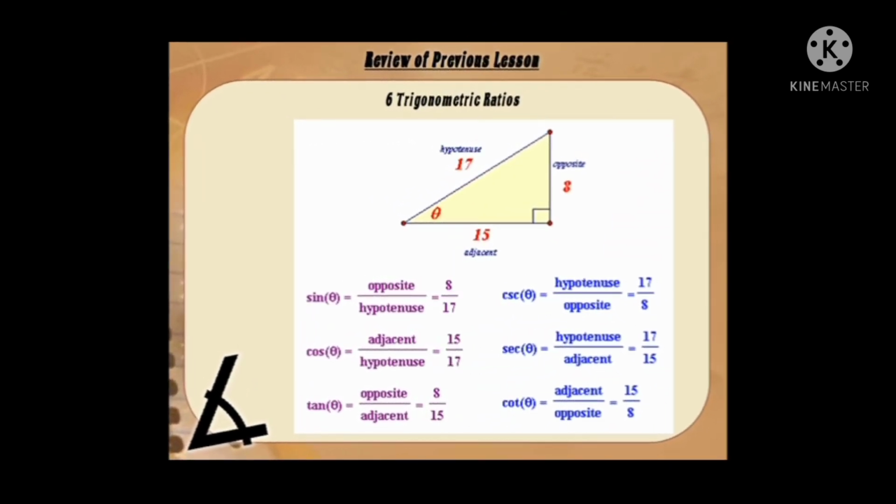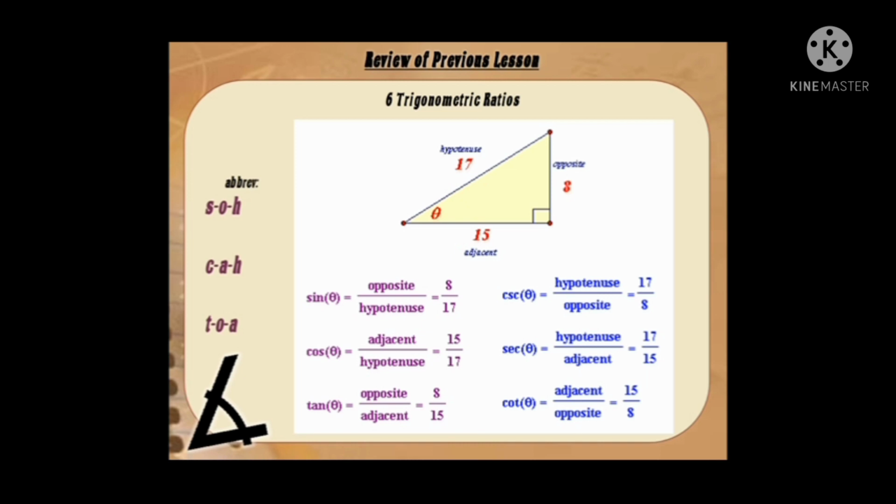The 6 trigonometric ratios, whose first 3 ratios are abbreviated as SOH-CAH-TOA, and the remaining 3 are the multiplicative inverse of the first 3 ratios. For the given right triangle with angle theta, its opposite side is 8, adjacent side is 15, and hypotenuse is equal to 17.